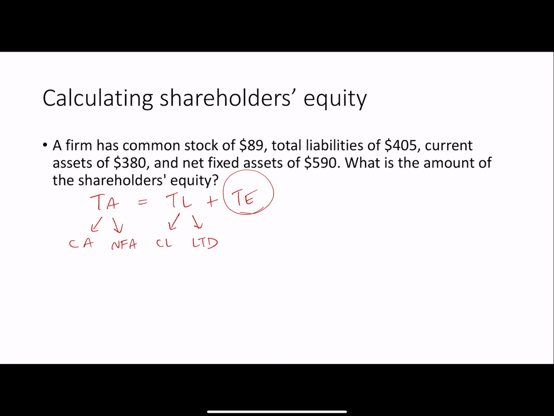First thing we're going to do is look at this right here. Current assets is $380, and net fixed assets is $590. So we'll jot that down. Total liabilities, so these two together, is $405, and then total equity is what we're solving for.